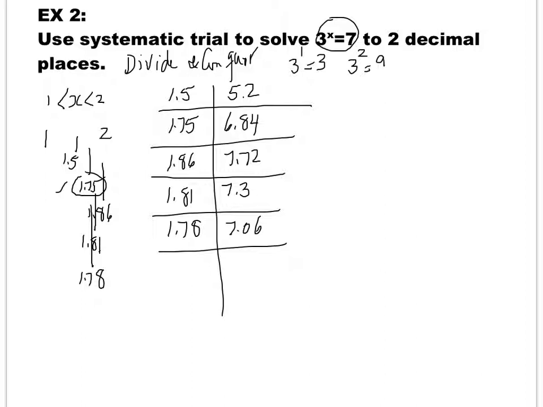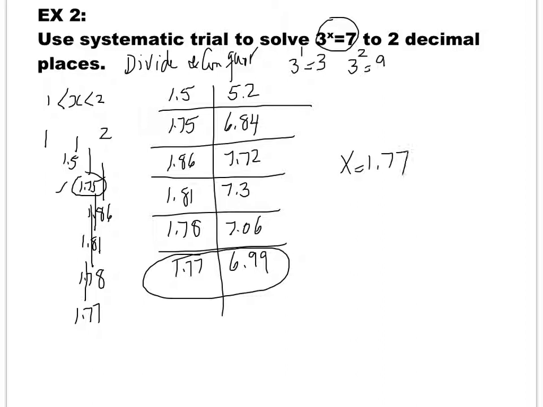So I'm going to divide 1.75 plus 1.78 by 2, and this time I get 1.77. And if you plug it back in, you get 6.99. And I think that's enough. It's close enough to 7. So you can say that to 2 decimal places, x is equal to 1.77. This is called the divide and conquer method.